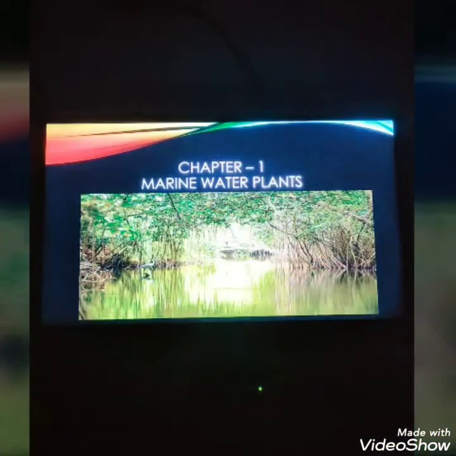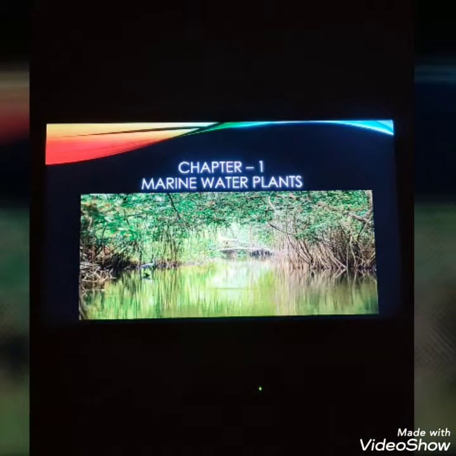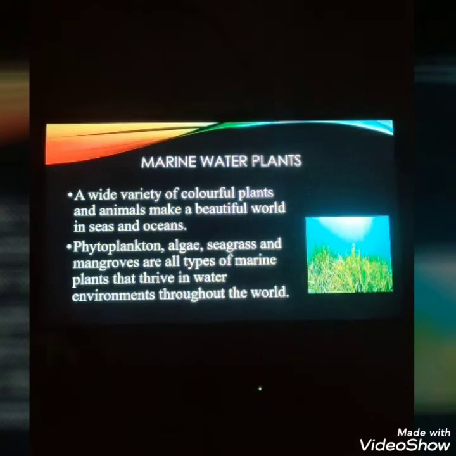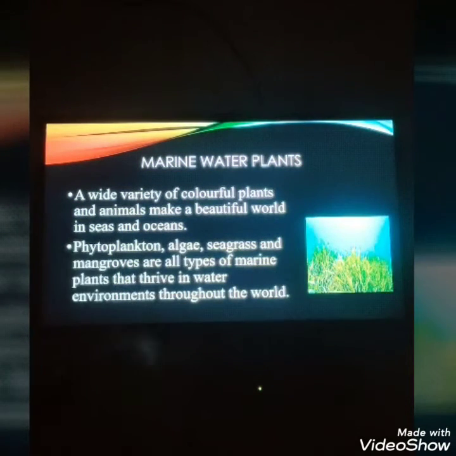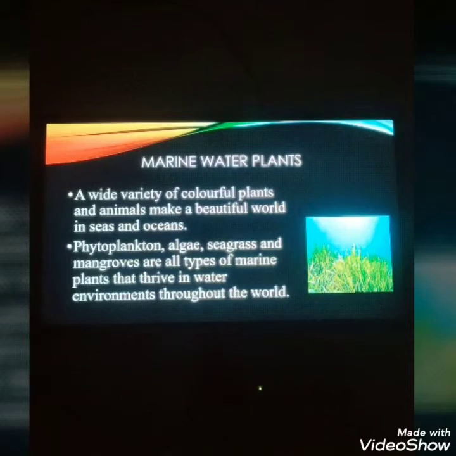The name of the first chapter is Marine Water Plants, the plants which live inside water. A wide variety of colorful plants and animals make a beautiful world in seas and oceans. We can see many different kinds of plants and animals inside oceans or seas, which live in water or grow in water only.